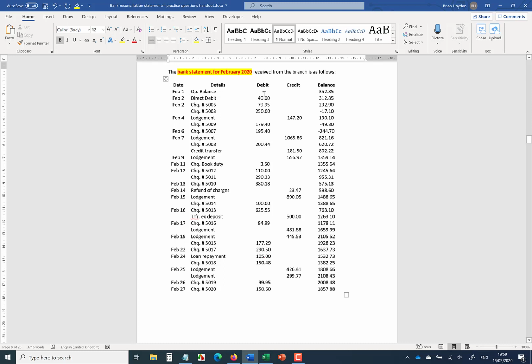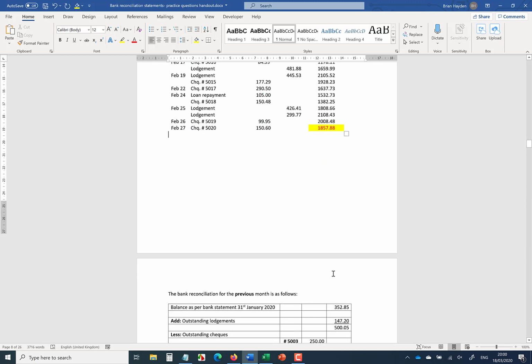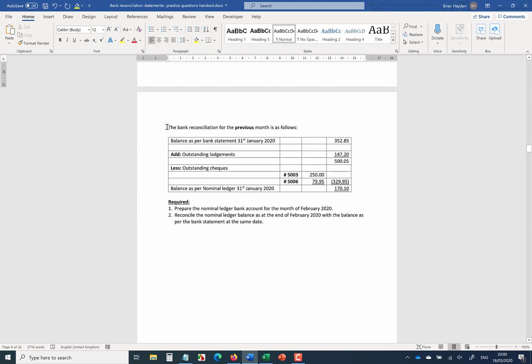There's a range of both payments, in this column here, and receipts, so lodgements that the bank processed, and it shows the balance at each stage of the month, and the closing balance is 1,857.88. So the statement says that we have €1,857.88.